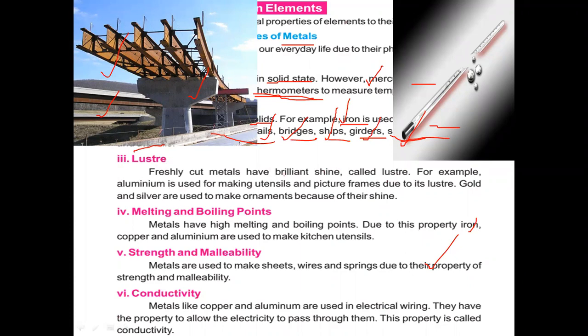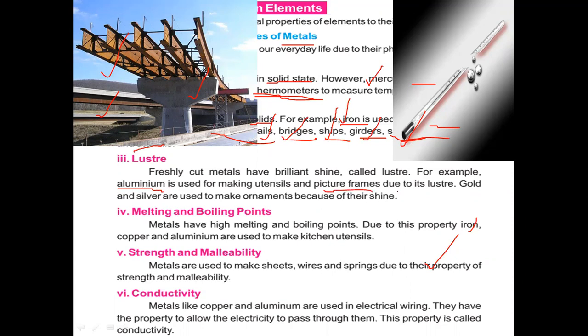All metals have a shiny surface. Some examples: aluminium is used for making utensils, like the whitish colored utensils used in our homes for cooking purposes.